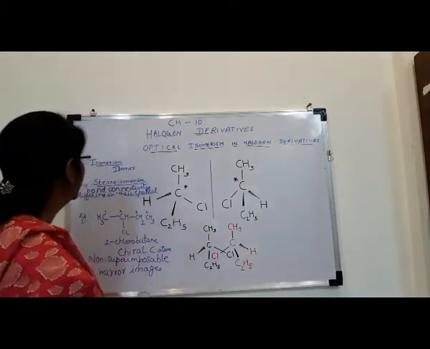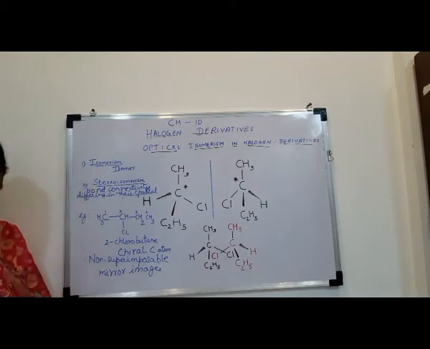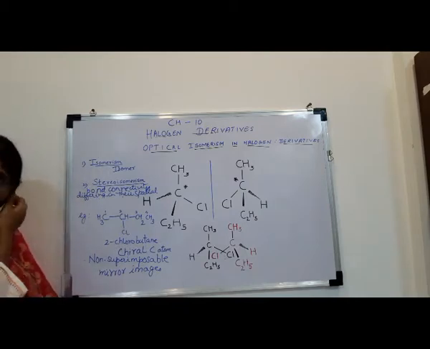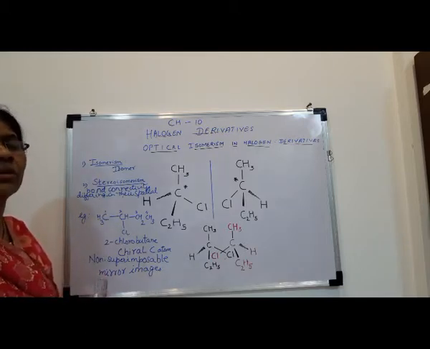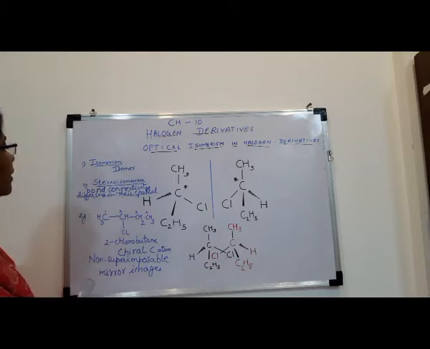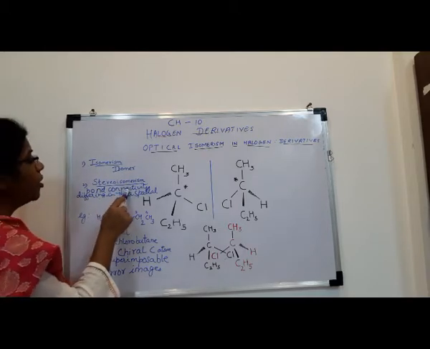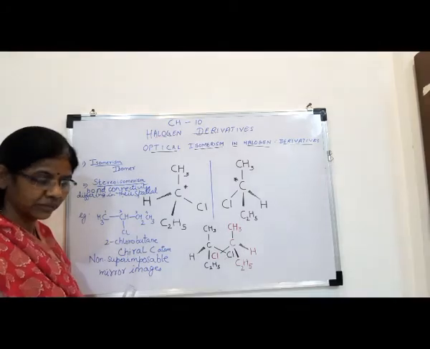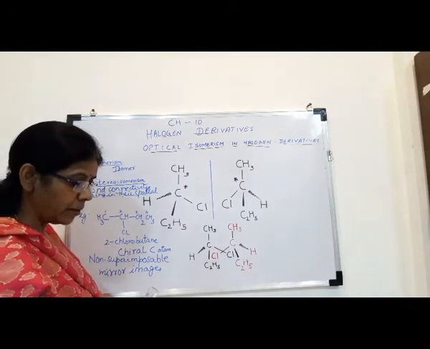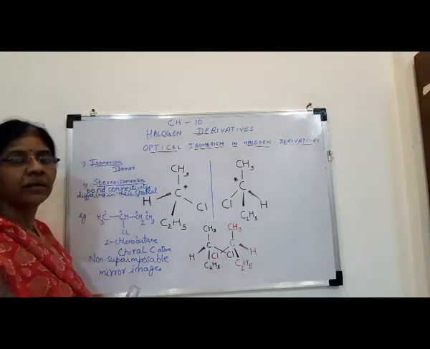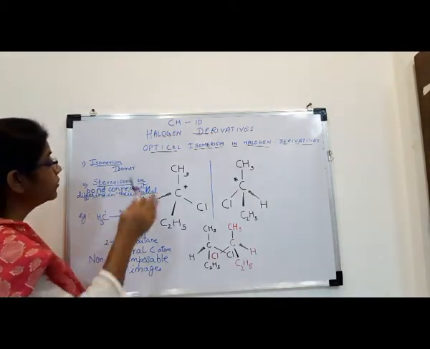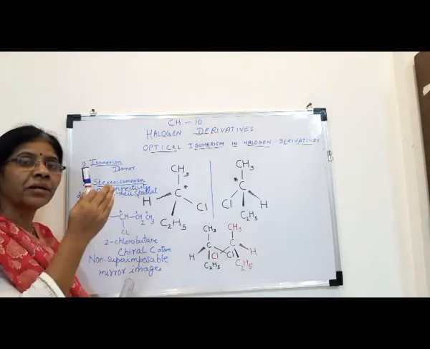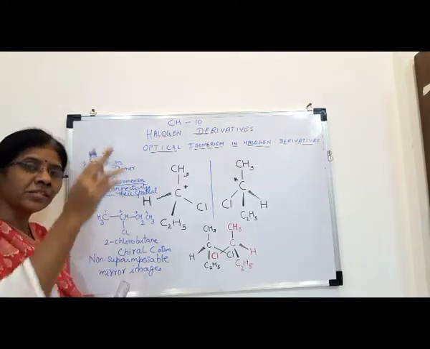So remember to define stereoisomerism. How is stereoisomerism defined? Two or more compounds, two or more molecules, two or more isomers having the same bond connectivity or same structural formula, but differing in their spatial arrangement, the arrangement of the atoms in space.